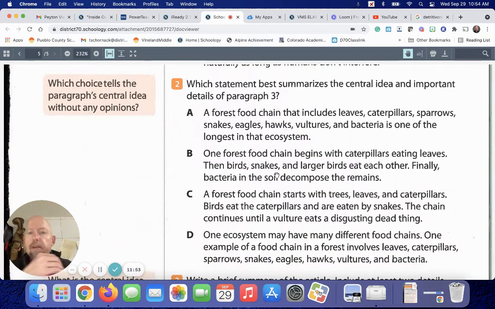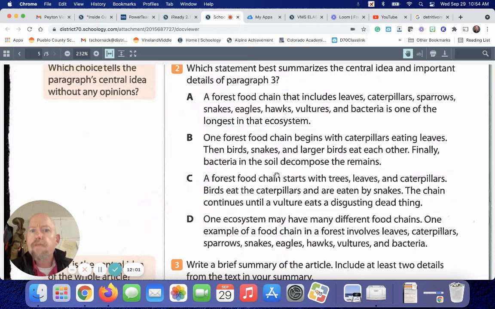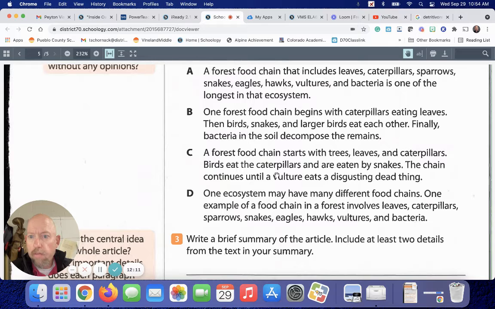Two, which statement best summarizes the central idea and important details of paragraph 3? A, a forest food chain that includes leaves, caterpillars, sparrows, snakes, eagles, hawks, vultures, and bacteria is one of the longest in the ecosystem. B, one forest food chain begins with caterpillars eating leaves, then birds, snakes, and larger birds eat each other. Finally, bacteria in the soil decompose the remains.